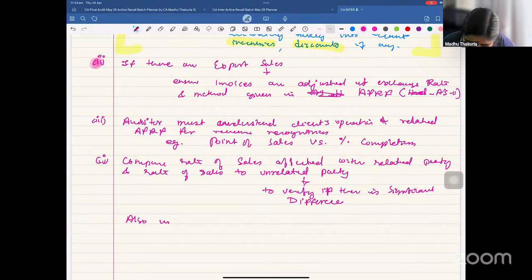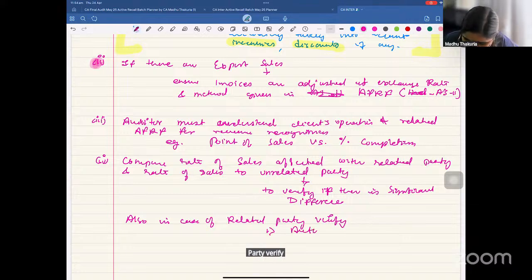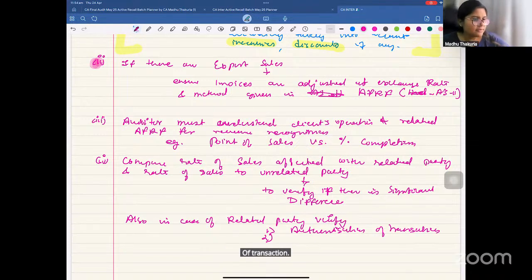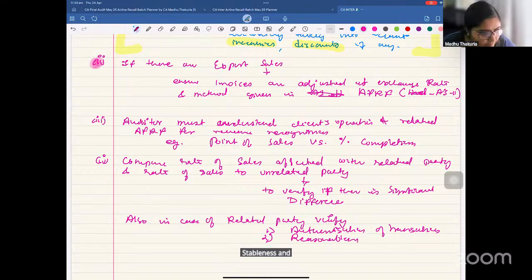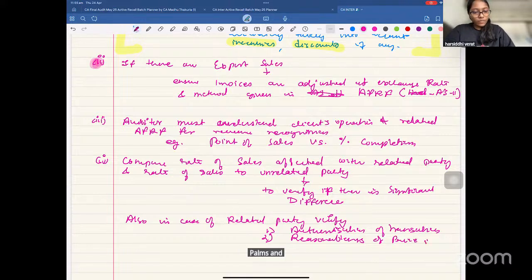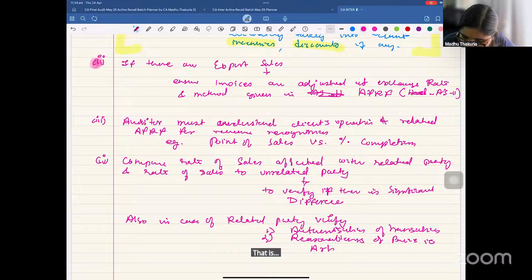Also, in case of related party, verify one, authorization of transaction, and second, review the collectability, reasonableness and arm's length.